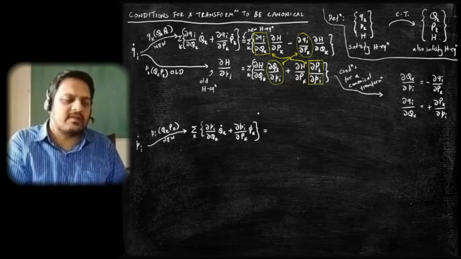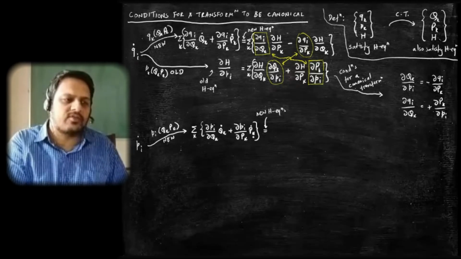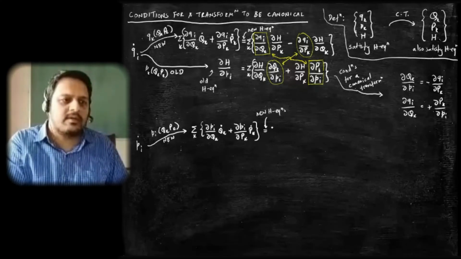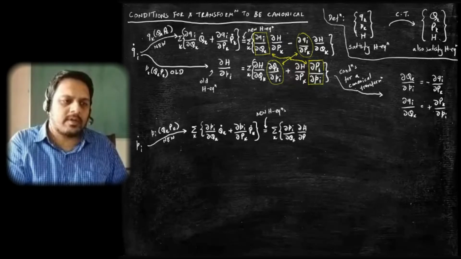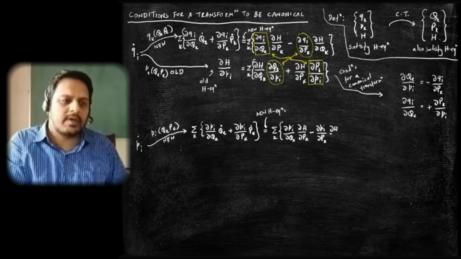This in turn, if you substitute the new Hamilton's equations, by new you mean the equations for Qk dot and Pk dot, is basically summation of ∂Pi/∂Qk times ∂H/∂Pk, and the other one is minus ∂Pi/∂Pk into ∂H/∂Qk.